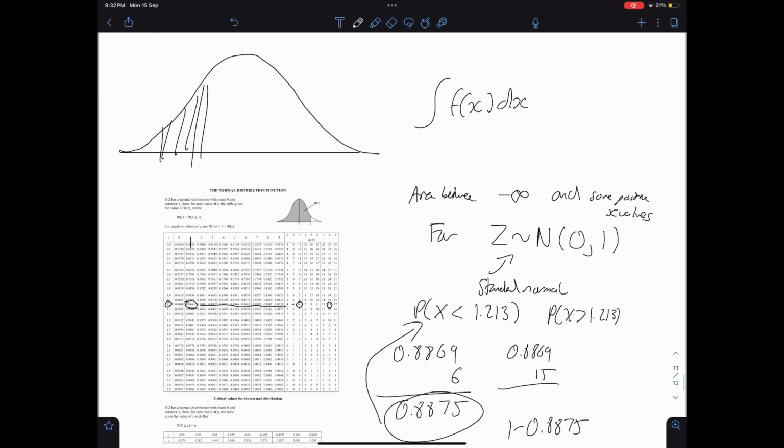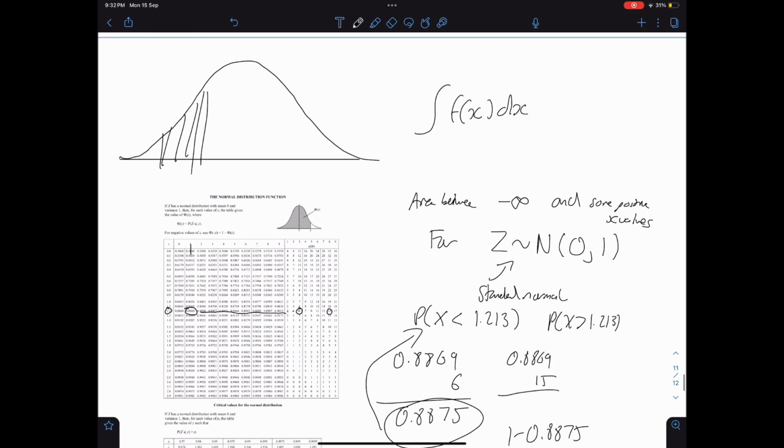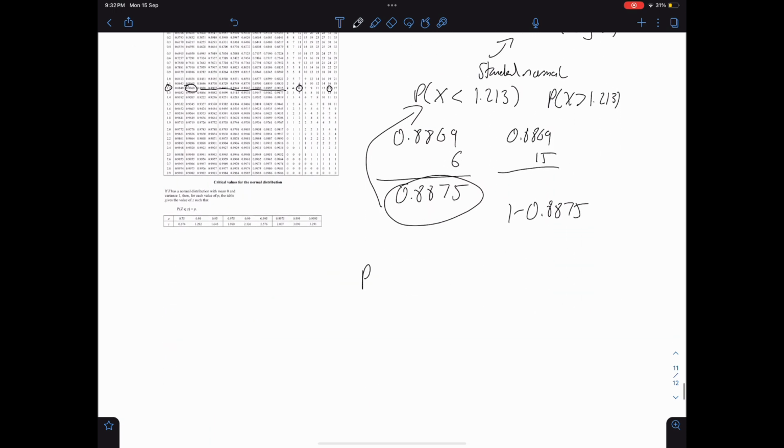Now, what about negative values? Say P(X less than or equal to negative 1.103). I wrote less than or equal to deliberately to tell you that less than or equal to or less than, it doesn't matter because it's continuous. And it goes the same for greater than or equal to.